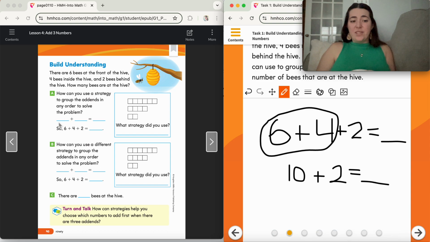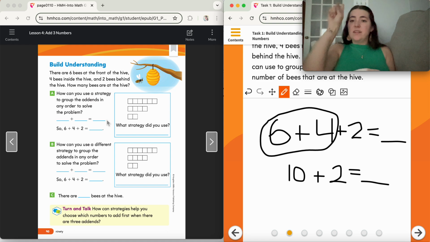So you're going to write here 10 plus 2. One more time. 10 right here plus 2 right here equals blank. Now instead of drawing, I think this time we're going to use counting on. So put 10 in your brain and let's count on 2.